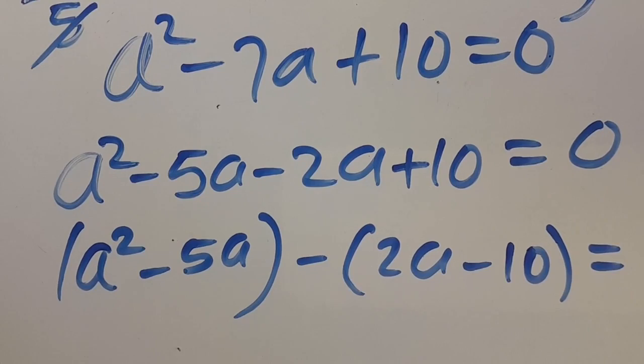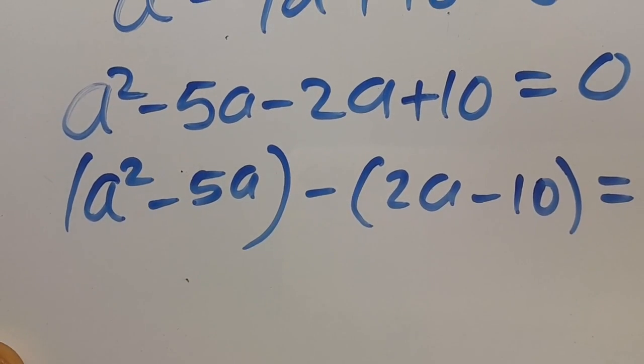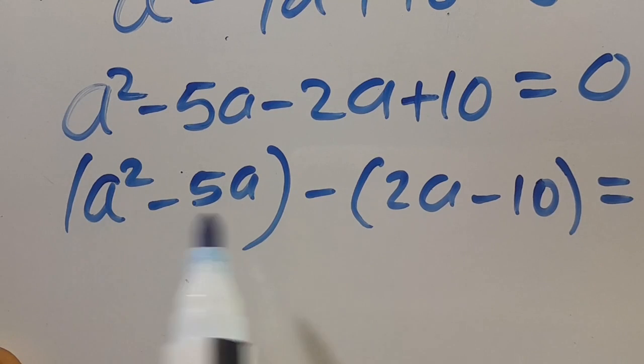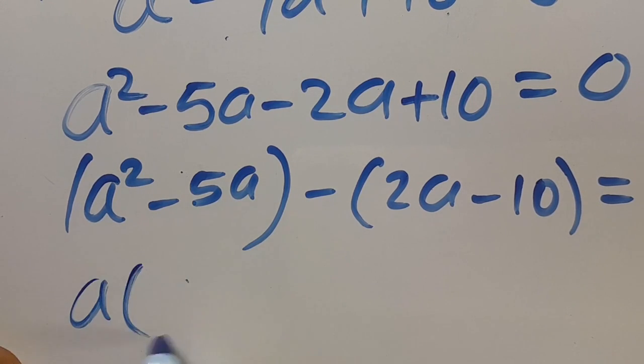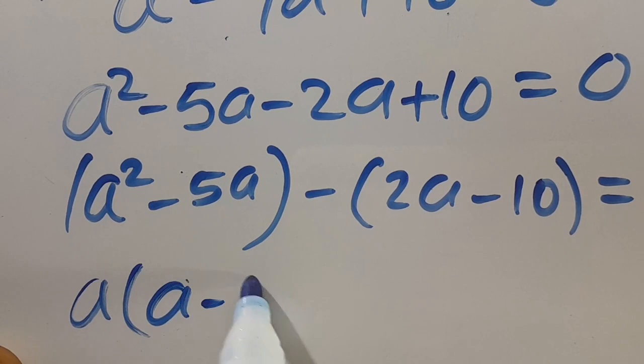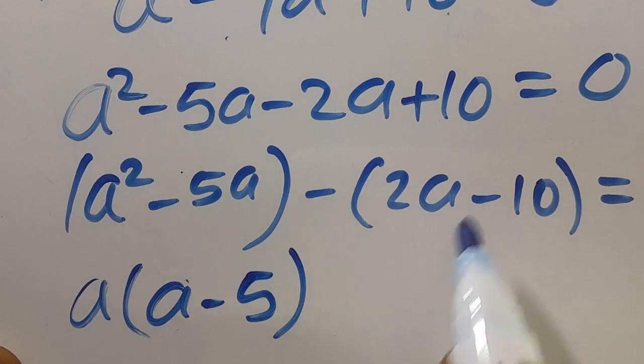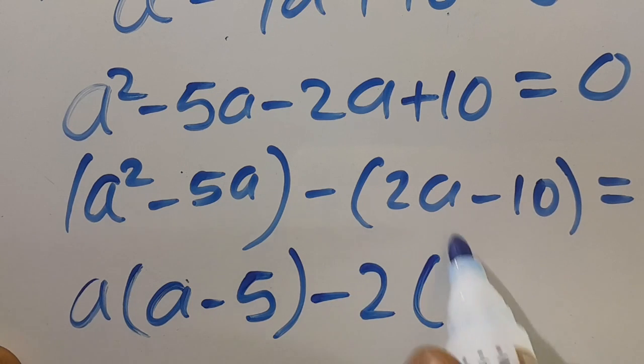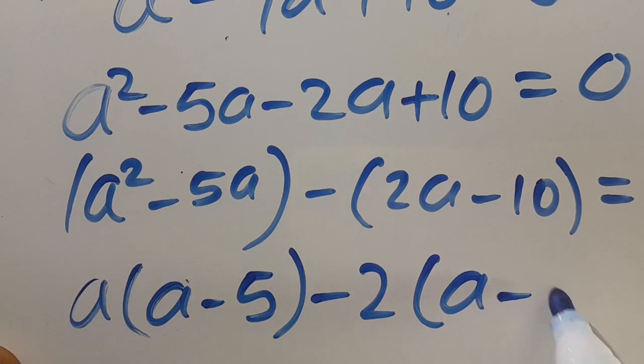So from here, we can do something reasonable. I think a is common here. We can have a, and here will now be a minus 5. 2 is also common here. We can factor it as 2. Here will now also be a minus 5. Everything equals 0.